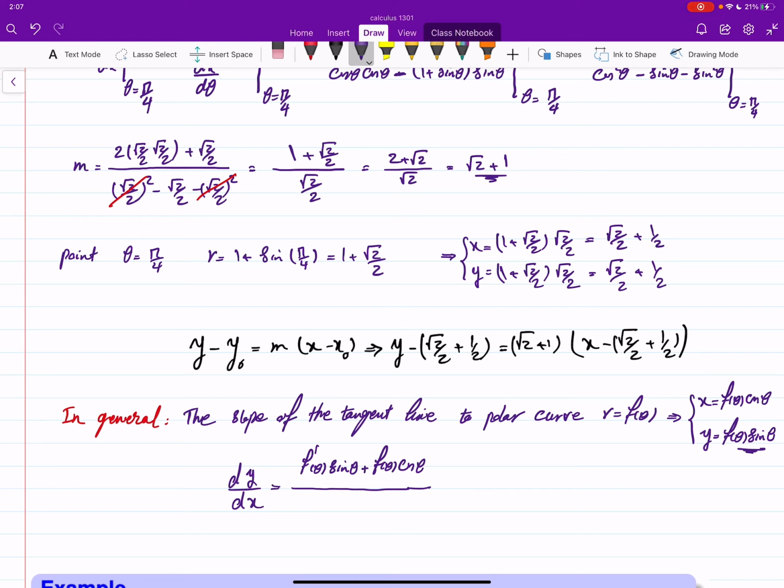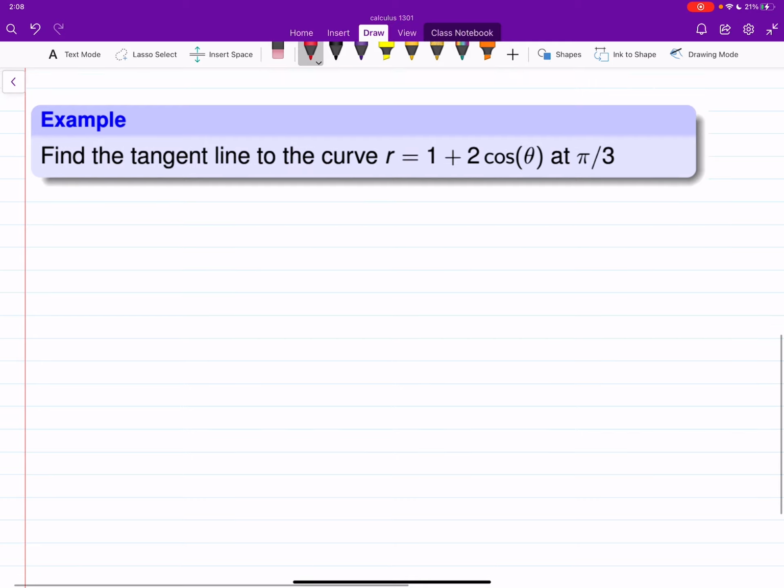And in the denominator, the derivative of x with respect to theta is f prime theta cosine theta minus f theta sine theta. So that is the formula. You can either keep it in mind or just use the trick we use each time and calculate the derivative at that given point. Let's do one more example here.